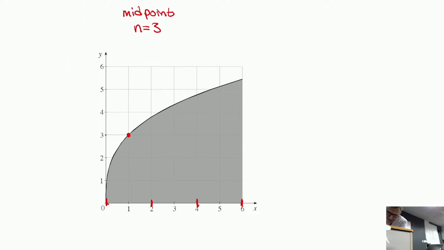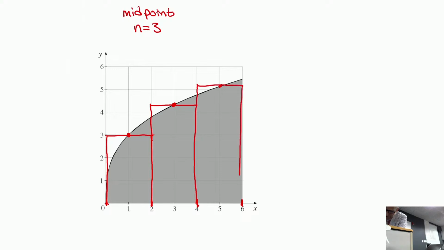But let's just do that. We'll do this, goes up to there. And then the next one goes up to here. So just so you have a picture of what this looks like. And this one goes up to here.